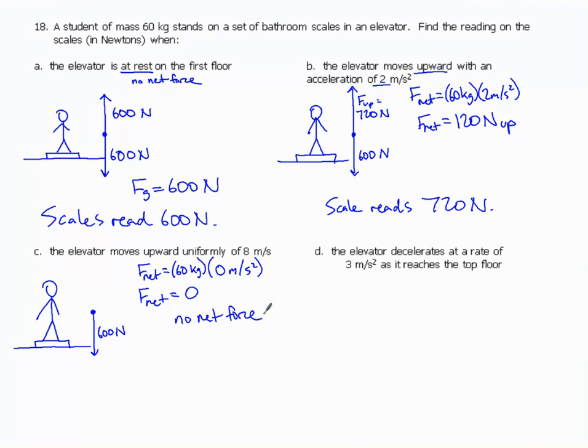No net force. That means the floor of this elevator is exerting the same amount of force on this person as the person is exerting on the elevator, 600 newtons. So in this situation, the scales read 600 newtons.